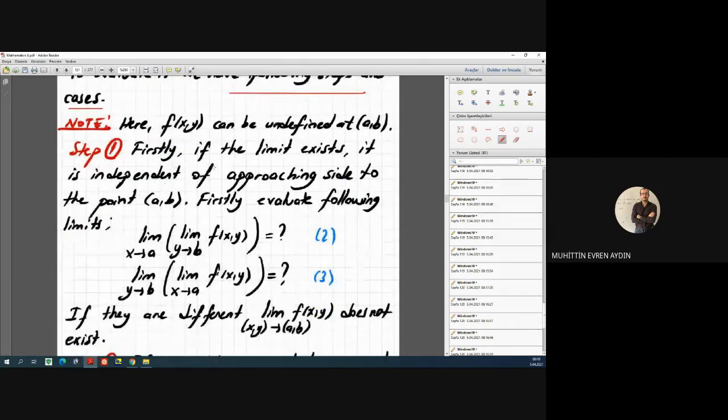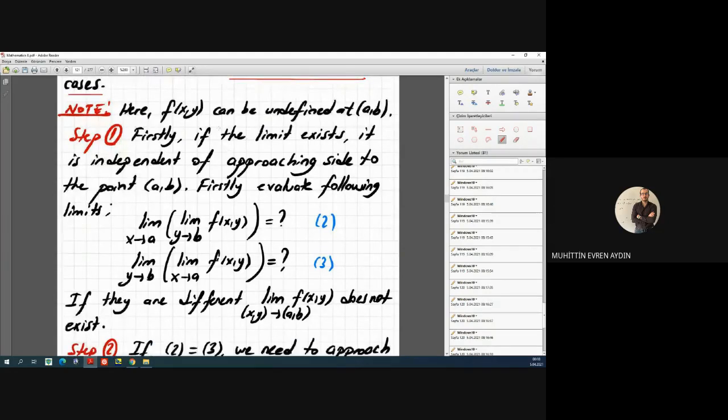Please pay attention to this part, which is very important. By the way, the function f can be undefined at the point, which is not important. The point is whether it has a limit at the point a comma b, not whether it is defined at this point.